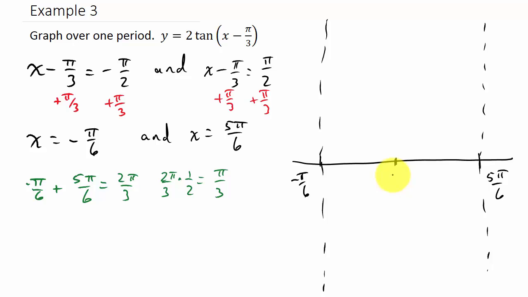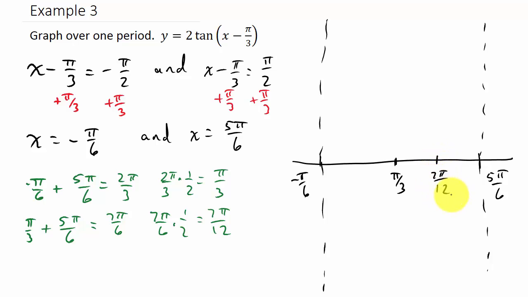So the midpoint here is pi over 3. And now I need the midpoint between pi over 3 and 5 pi over 6. So I have pi over 3 plus 5 pi over 6, and that's going to be 7 pi over 6. Then I take the 7 pi over 6 and I half it, and that's going to give me 7 pi over 12. So the midpoint here is 7 pi over 12.